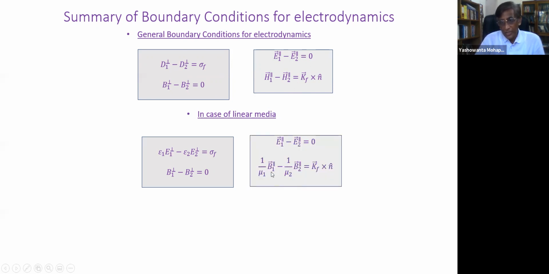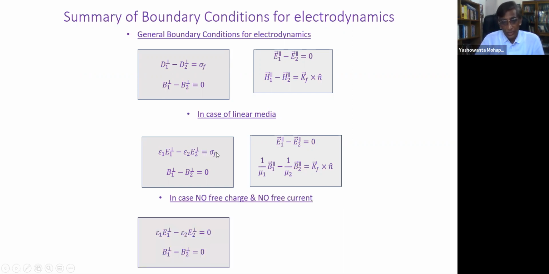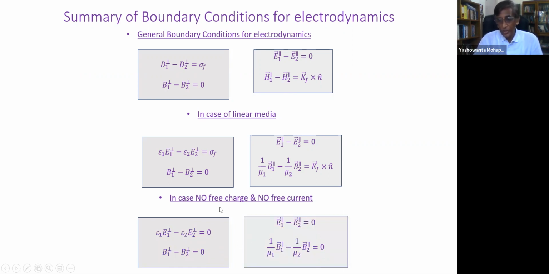Similarly, if it is a linear magnetic material, then B1 parallel by mu1 minus B2 parallel by mu2 is KF cross n. And if there is no sigma F and KF, both are zero. The normal components are equal and the parallel components are also equal. So no free charge, no free current.